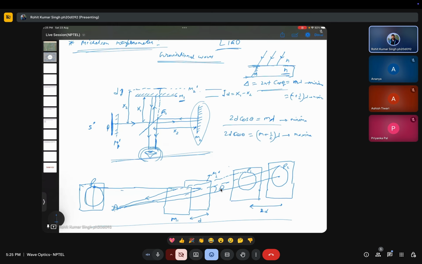Here the medium between the two interfaces is the same as the medium above the interface, so the angle of transmission is the same as the angle of refraction, and this theta would be just this angle. So this is the condition for minima and maxima, because you have this phi phase difference happening at the glass plate.